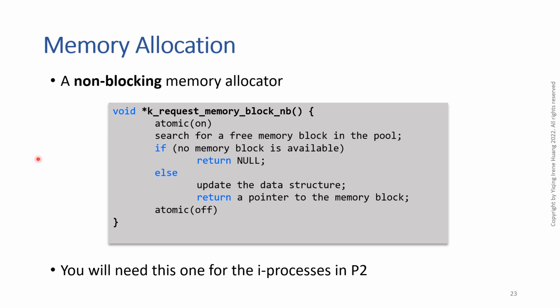That function is called request_memory_block_nb. You can call that function directly from a process in the test processes we provide to you to test the non-blocking version of the memory allocator.